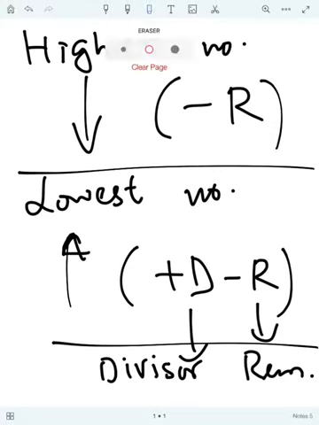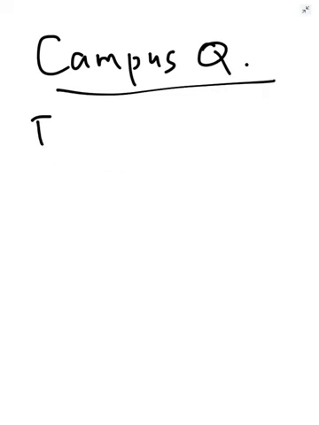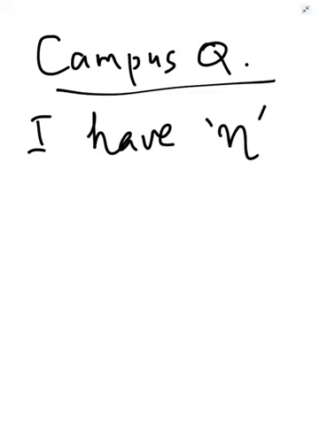Before moving on, we can solve an actual campus question which was asked in a campus aptitude exam in 2018. So this is an actual practical application of LCM model 1. It's a very lengthy question.